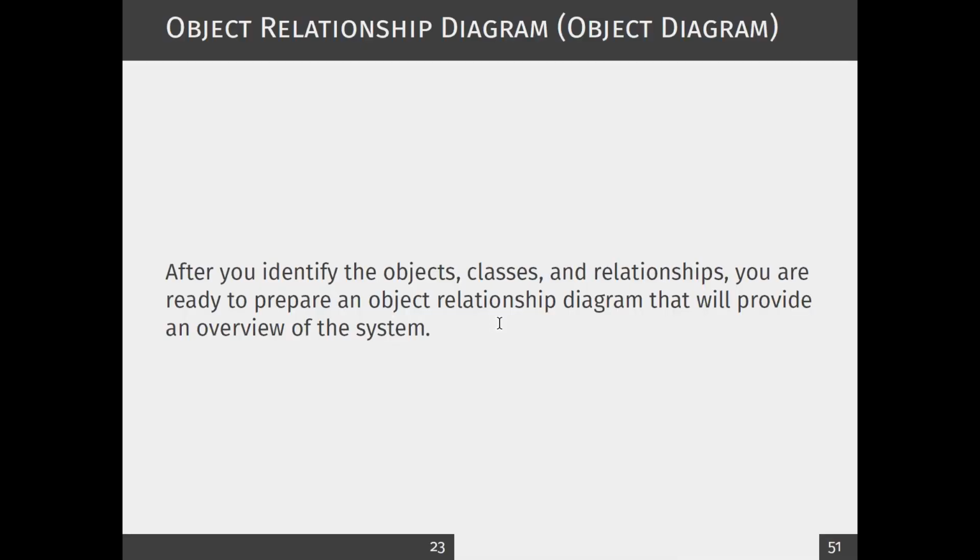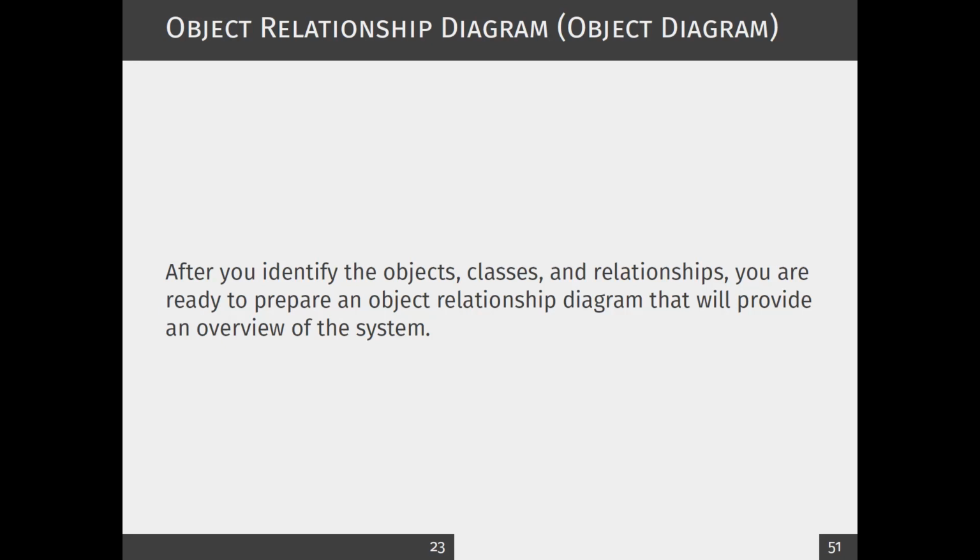So the first tool that we have used is what we call the object relationship diagram, right? In this particular case, you can prepare what we call the relationship diagram.